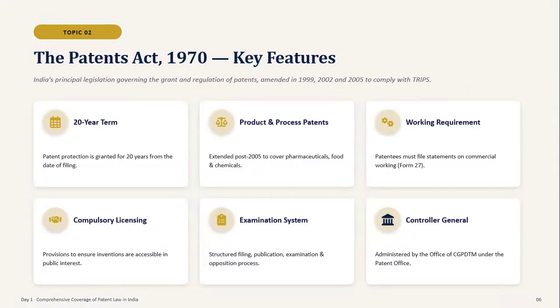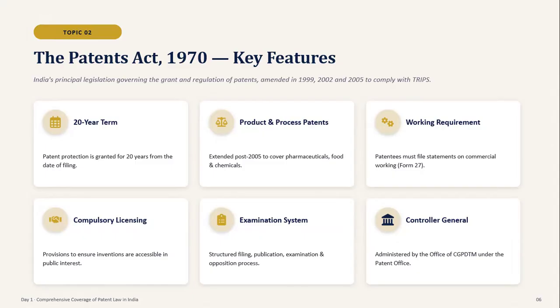Now let us examine the Patents Act 1970, which serves as the principal legislation governing the grant and regulation of patents in India. One important feature is the 20-year patent term calculated from the date of filing. The post-2005 framework provides for both product and process patents, including in areas such as pharmaceuticals, food, and chemicals.